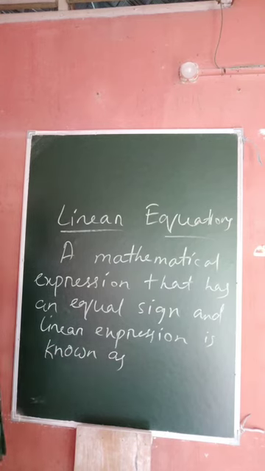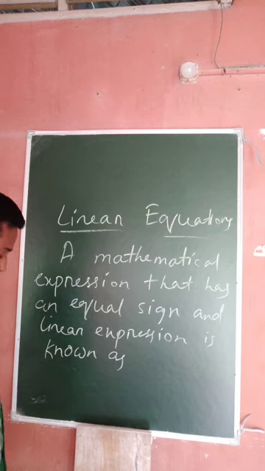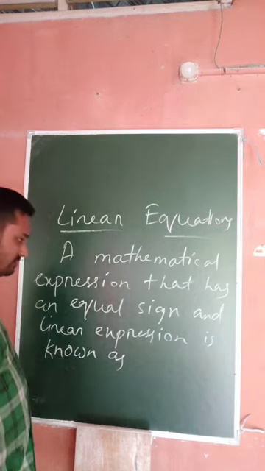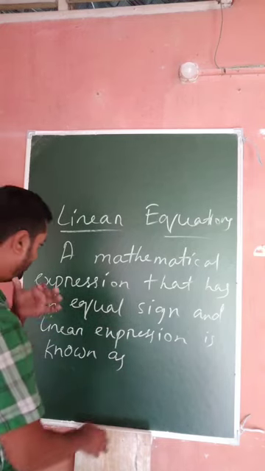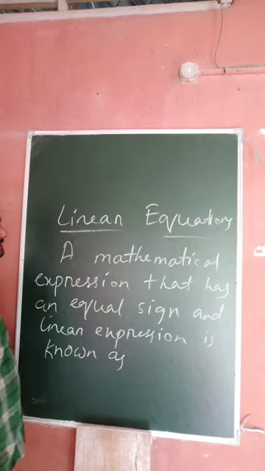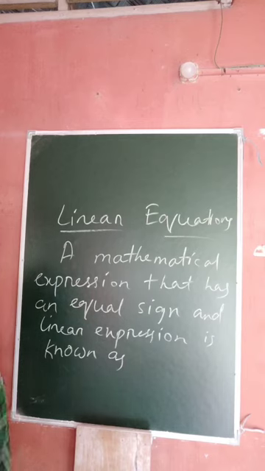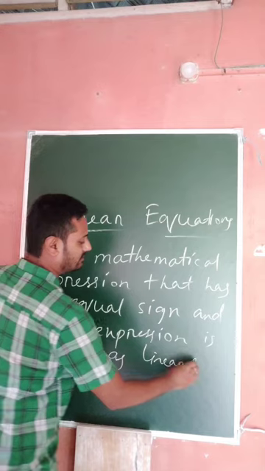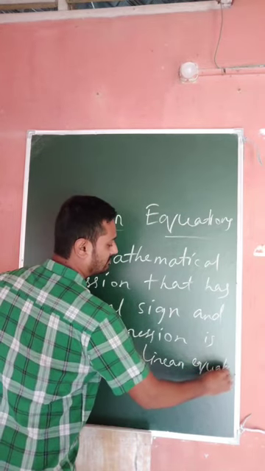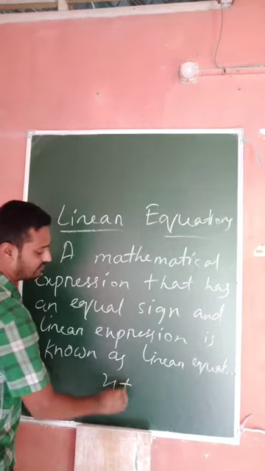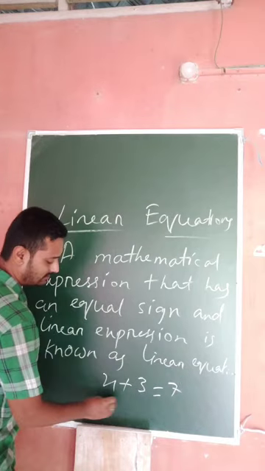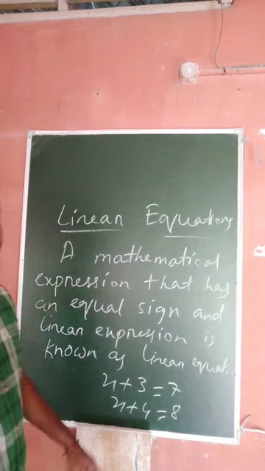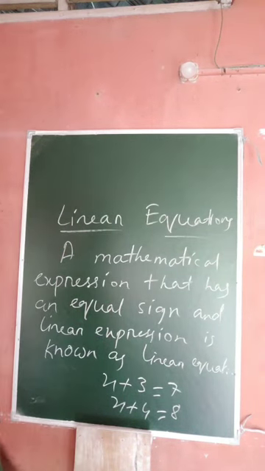In higher classes you will learn about the degree, that when the degree of an equation is 1, not greater than 1. So in class 7 you just remember like this: a mathematical expression that has an equal sign and a linear expression is known as a linear equation. For example, x plus 3 equal to 7, x plus 4 equal to 8.